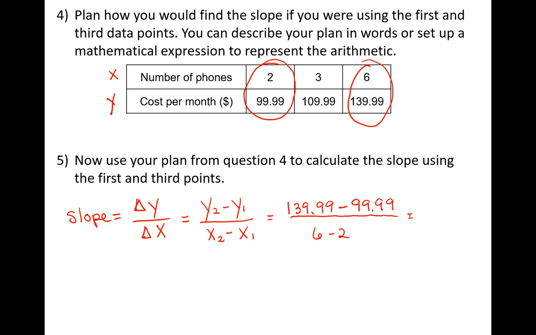In other words, the cost increased by exactly 40 if you subtract, and the number of phones increased by exactly 4. Now we need labels on slopes. 40 divided by 4 gives me a slope of $10 per phone. So with this cell phone plan, each extra phone costs $10.